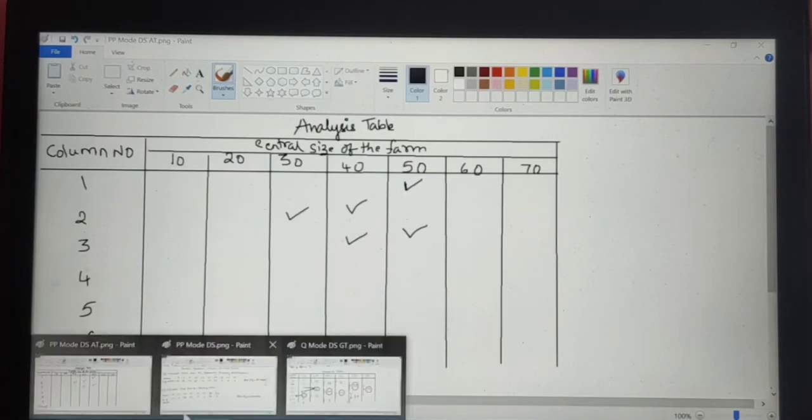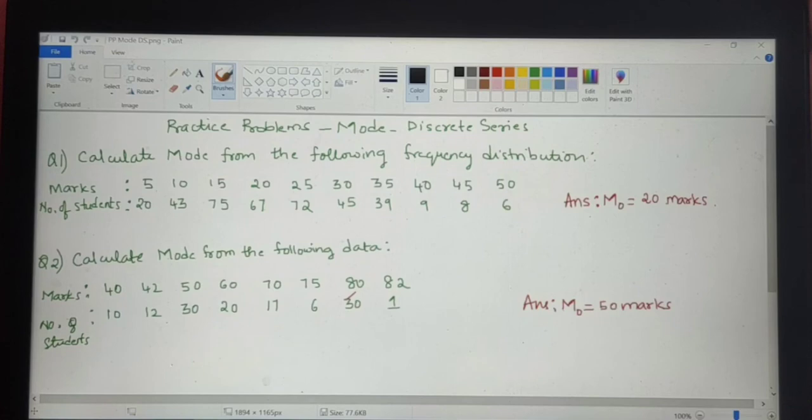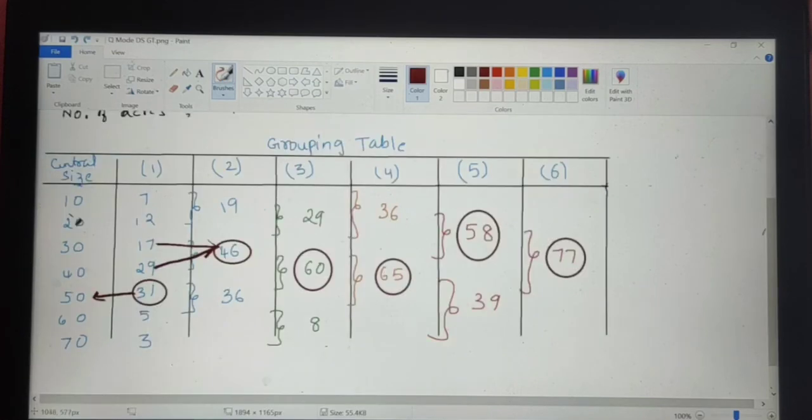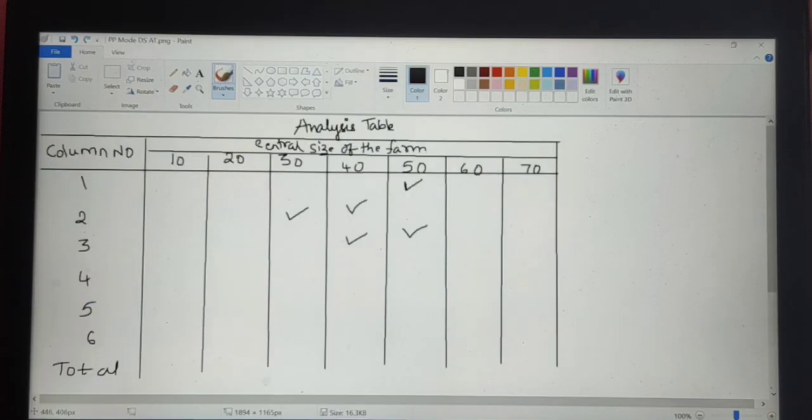Now here in the grouping table, we have fourth column highest value, which is 65. We got 65 by adding 29, 31 and 5. So 29 corresponding value 40, like that we have 40, 50 and 60. So here for the fourth column, we will be taking 40, 50 and 60.